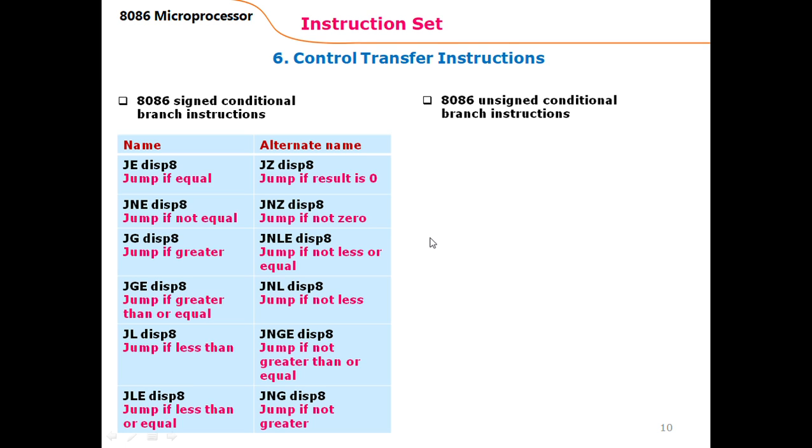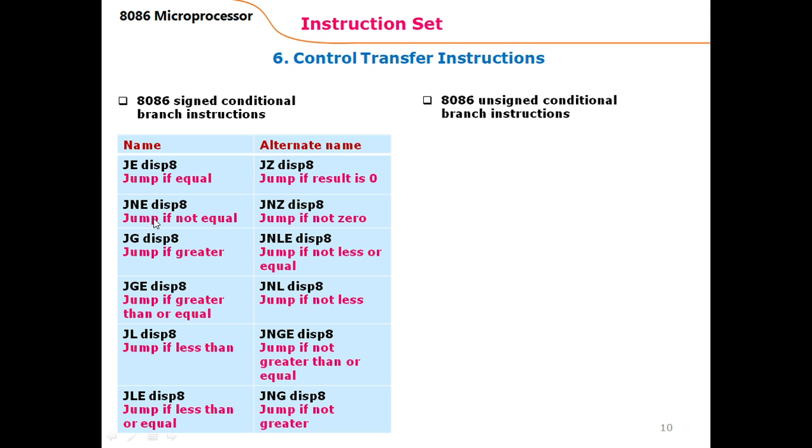So if the zero flag is 1, the jump will happen, in other words, jump if result is 0. If the result is 0, then obviously it will set the Z flag, and it will jump to the displacement.